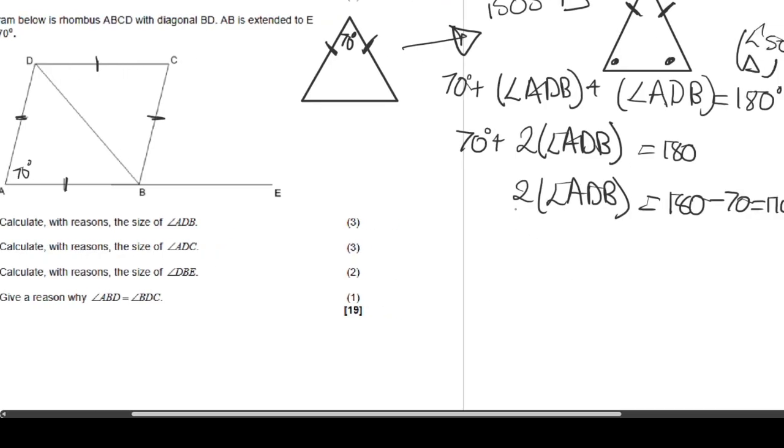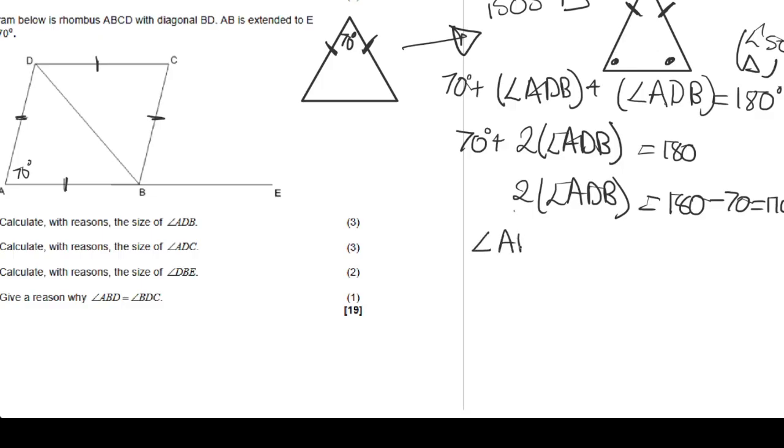So then let's divide by 2 on both sides. So angle ADB is equal to 110 divided by 2, which is equal to 55 degrees, right? Oh yeah, okay. So then angle ADB is equal to 55 degrees.